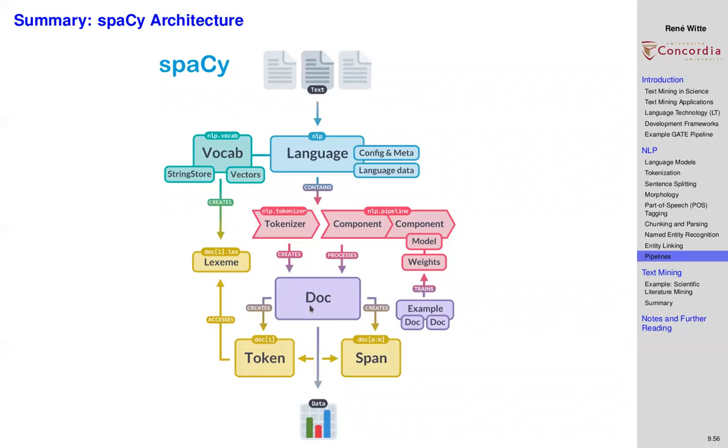This is the structure that contains all the results from each of these processing steps. And this is what we look at after processing the document. We're going through the structures that were created. The tokenizer creates tokens, the part of speech tagger creates the part of speech tags on tokens, named entity recognition creates these entities and so on. This we can then later extract for all kinds of applications.